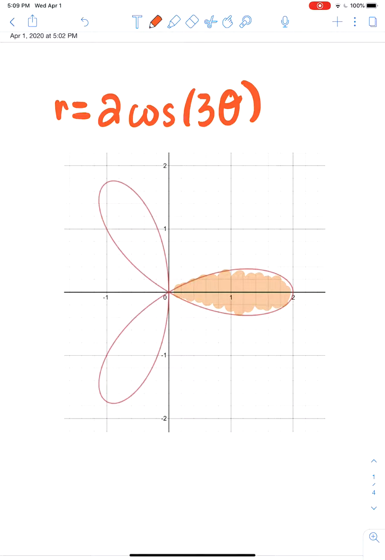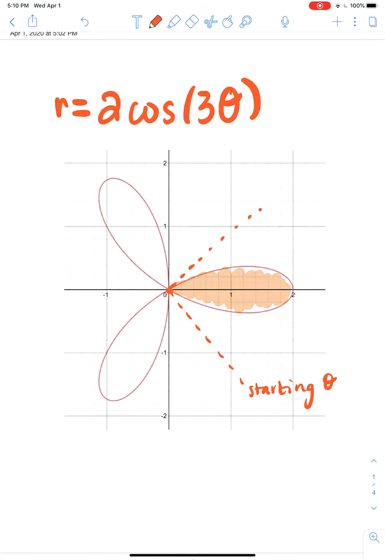What we really need is the starting theta value that, when we plug it in, will start us at r equals 0 and then take us around here. And then this is the ending theta, where when we plug in theta, it takes us back to r equals 0.